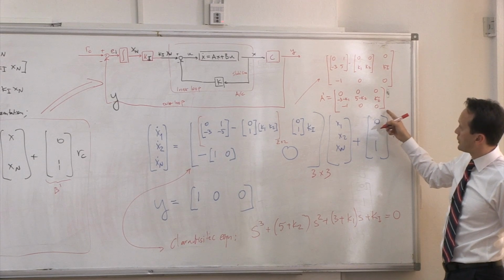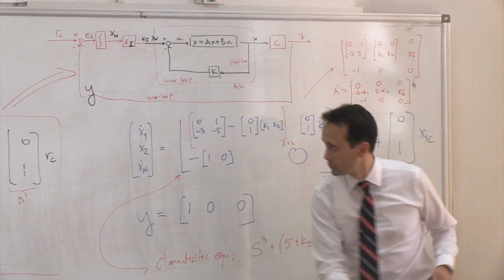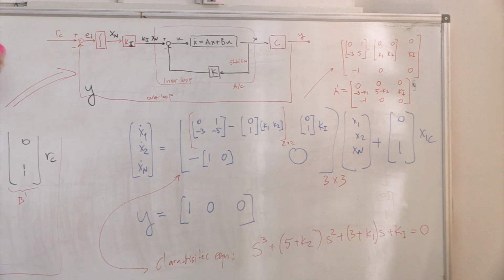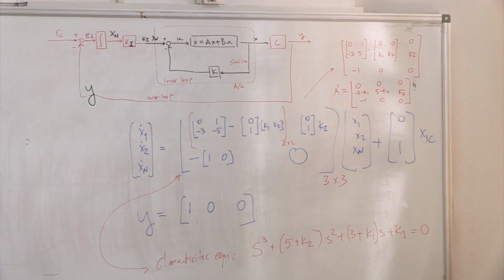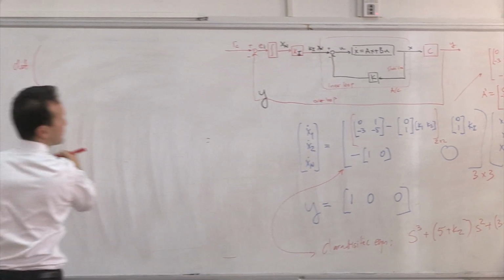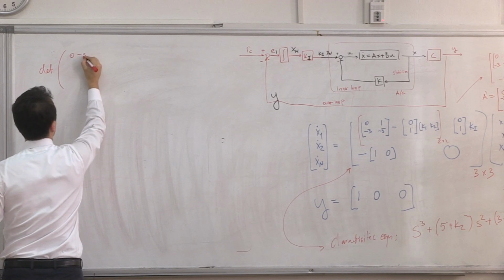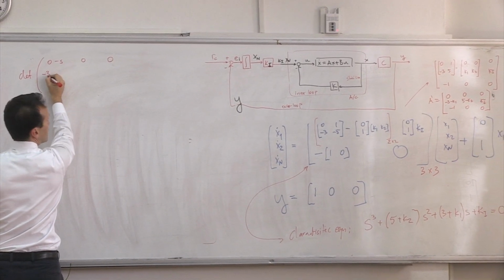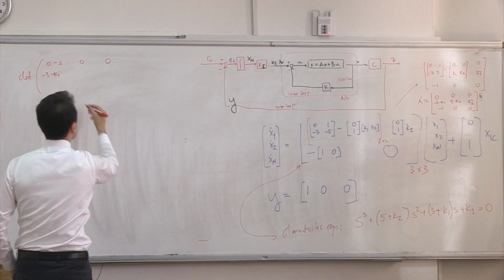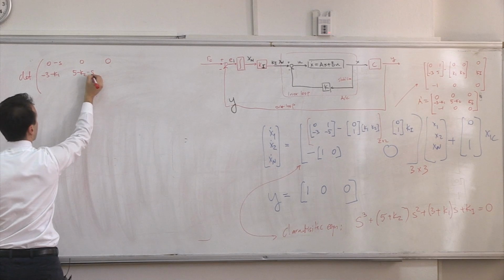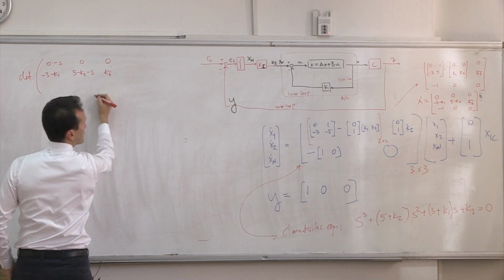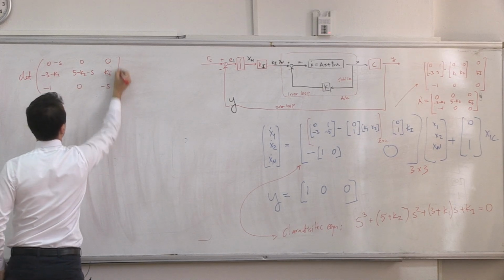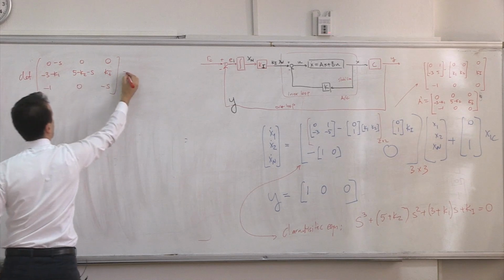Okay? And you're finding the characteristic equation of this one. So you'll find the determinant of 0 minus S 0, minus 3, minus K1, 5 minus K2 minus S, Ki, minus 1, 0, minus S. Set it equal to 0.